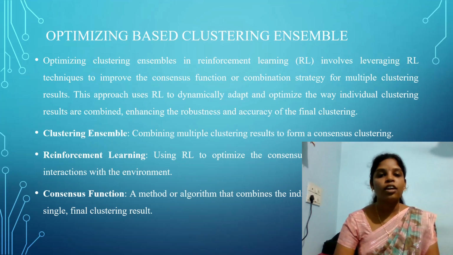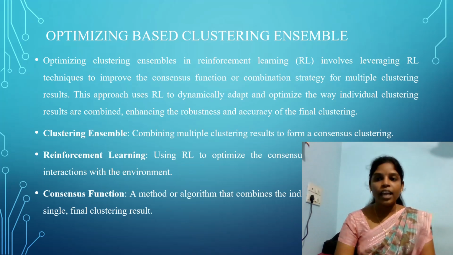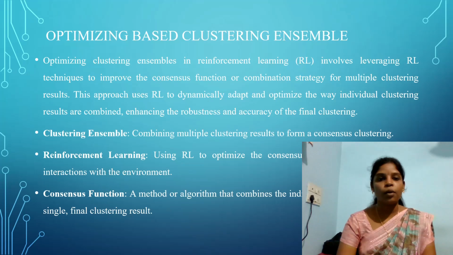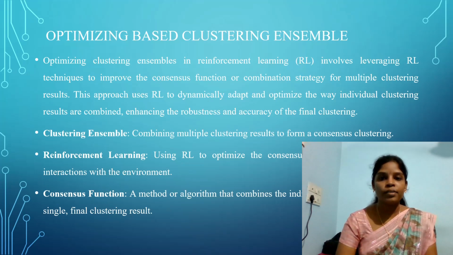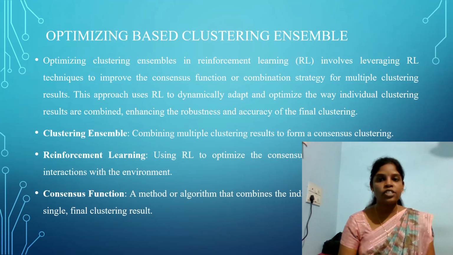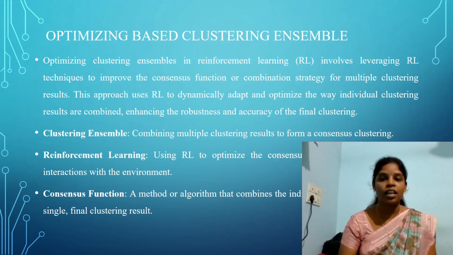RL dynamically adapts and optimizes the way individual clustering results are combined, enhancing the robustness and accuracy of the final clustering. So in RL, how to improve the consensus function of the combination strategy from multiple clusterings.